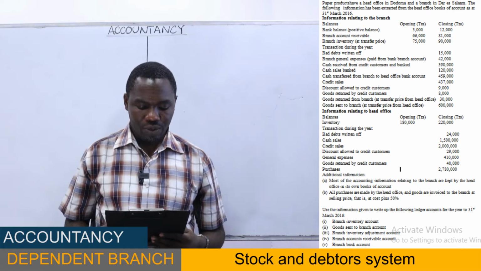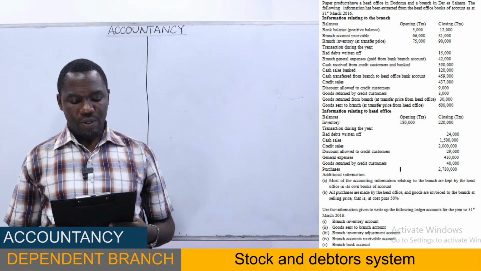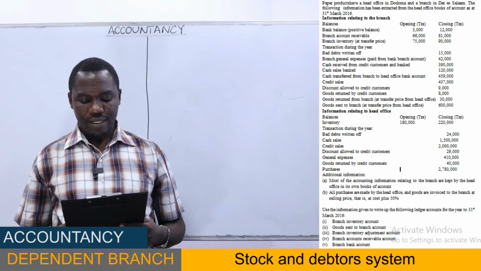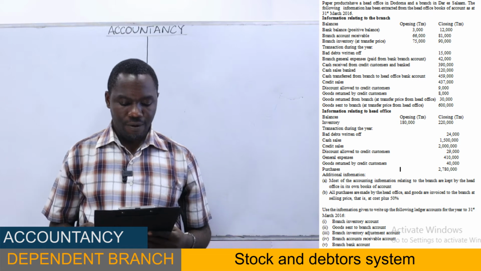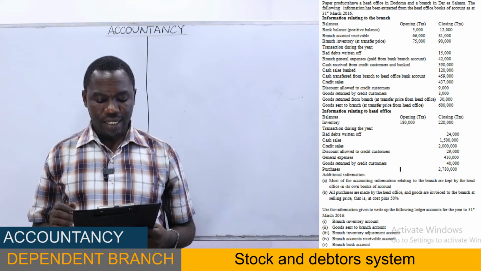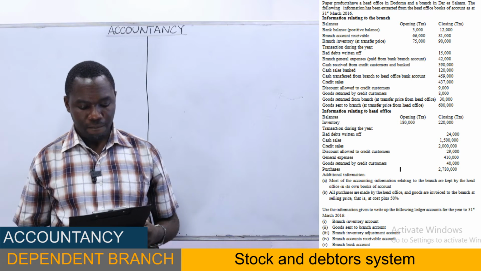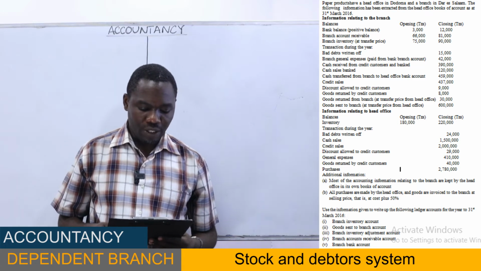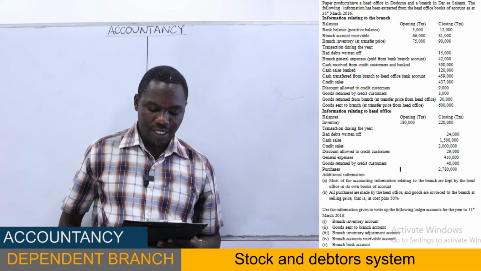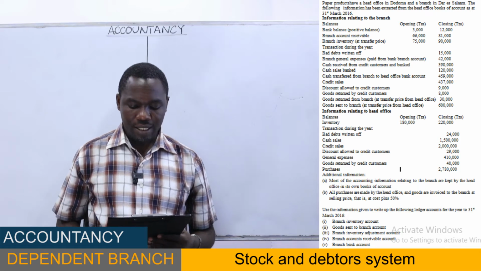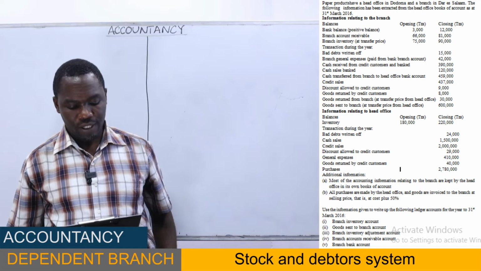Discount allowed to credit customers, 9,000. Goods returned by credit customers, 8,000. And goods returned from branch, this is at selling price, from head office, 30,000. Goods sent to branch, this is at transfer price from the head office, 600,000. Information relating to head office.